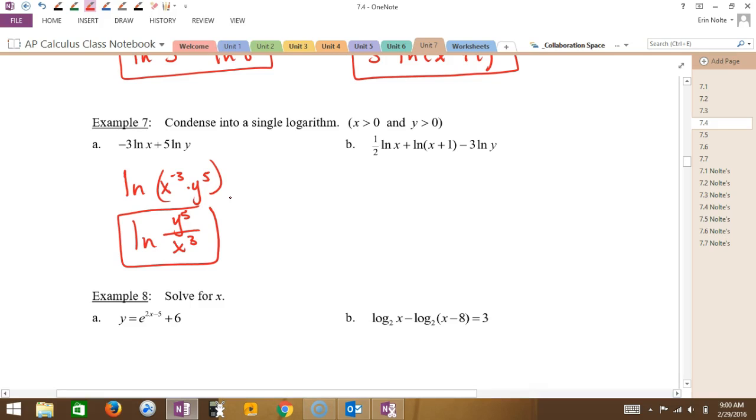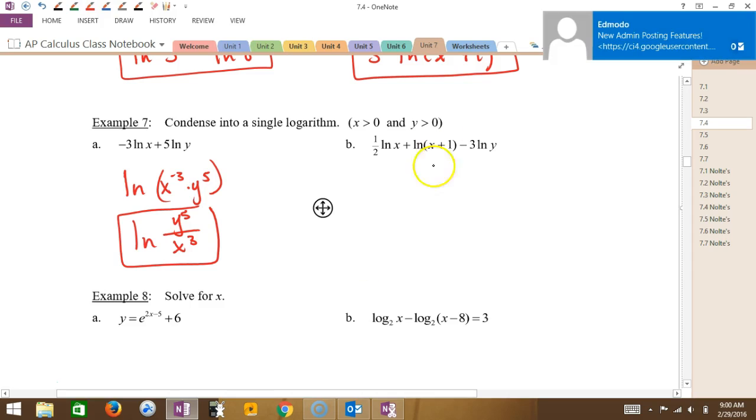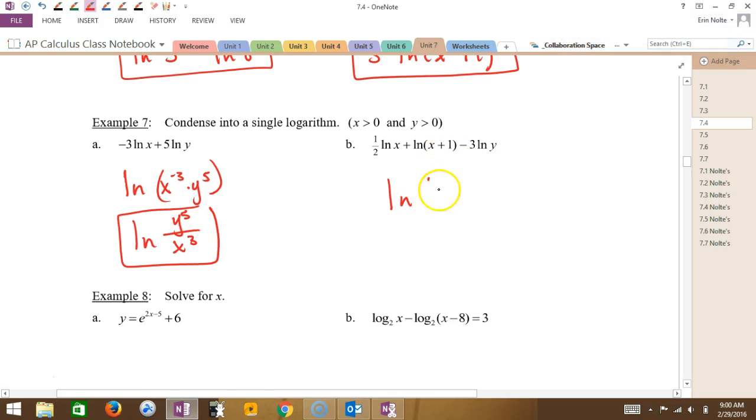Derek, what about b? Okay, so you have the natural log of what? X to the 1/2. Where's the x plus 1 going to go, on the top or the bottom? If there's a plus.